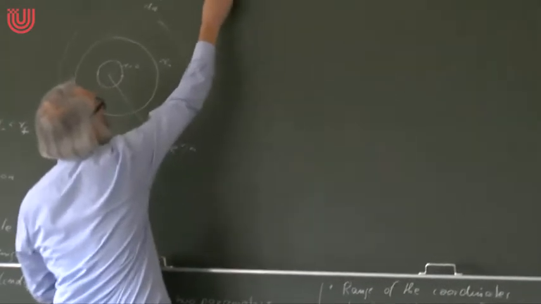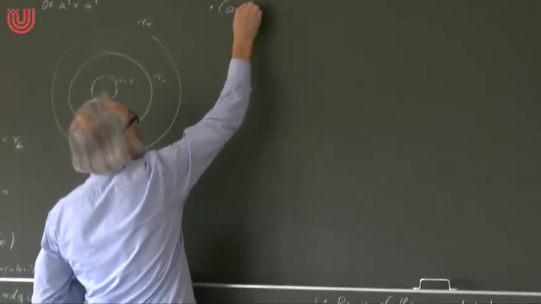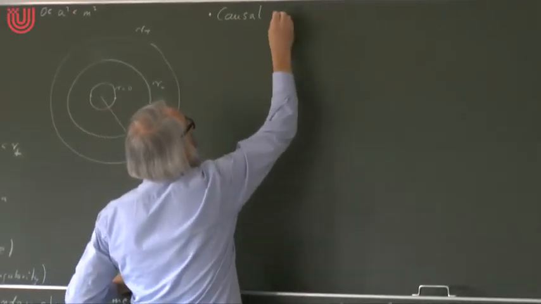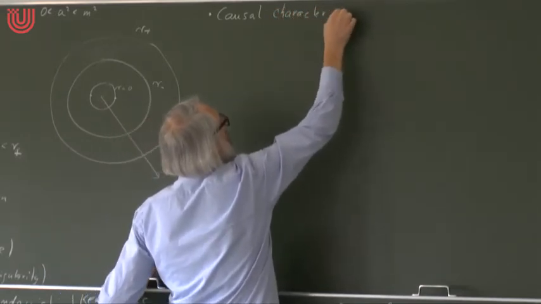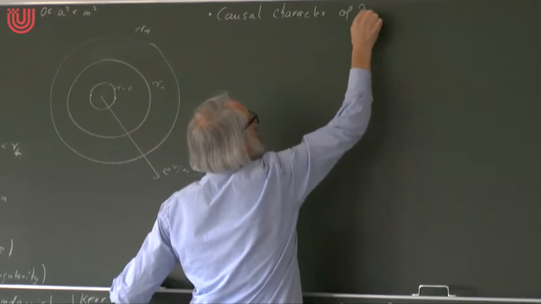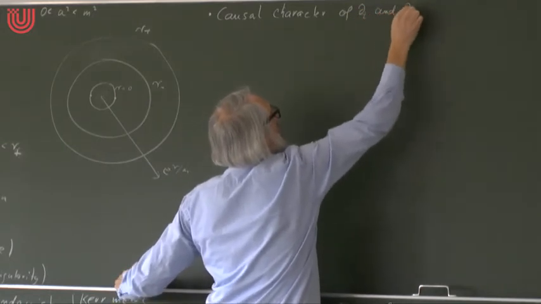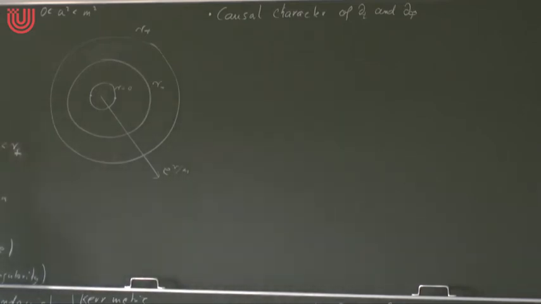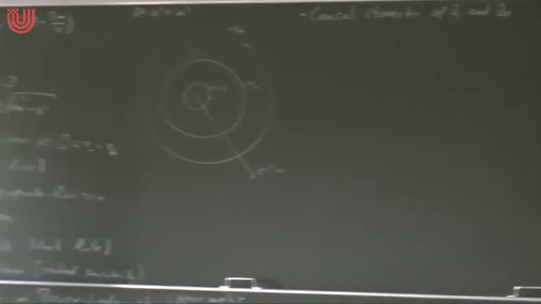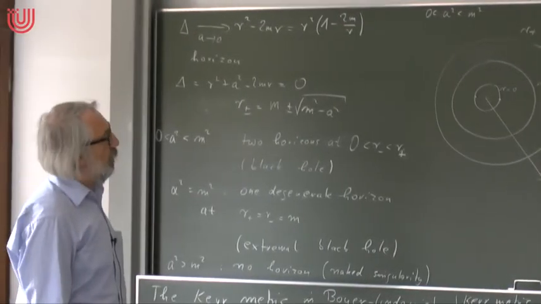So the next thing is the causal character of our Killing vector fields d by dt and d by d phi. In the Schwarzschild spacetime, d by dt was time-like outside of the horizon, space-like inside, and d by d phi was space-like everywhere. We are used to the fact that phi is a spatial coordinate, the phi lines are always space-like.